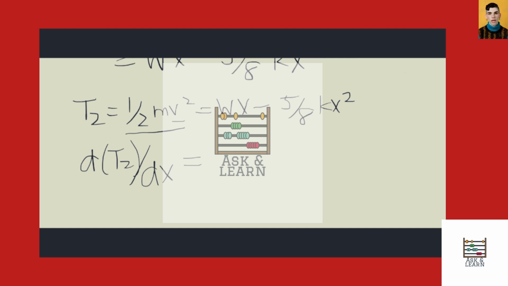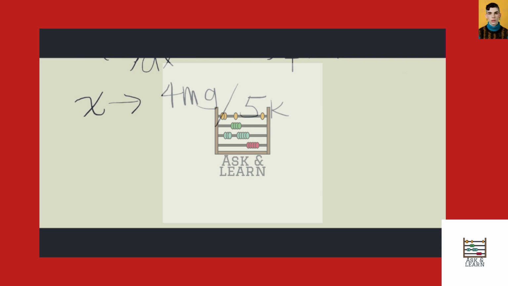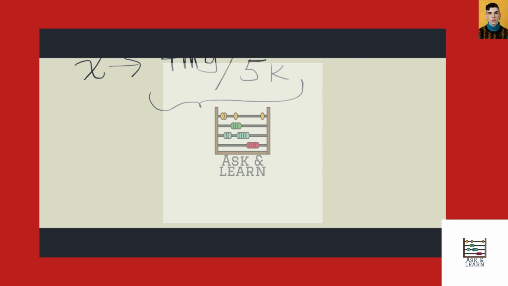This gives us weight minus 5/4 kx. Solving for x, we get x equals 4mg over 5k, and this is the position at which we have the greatest kinetic energy. So using this x value, we can plug it into the equation for kinetic energy and work to solve for our velocity.